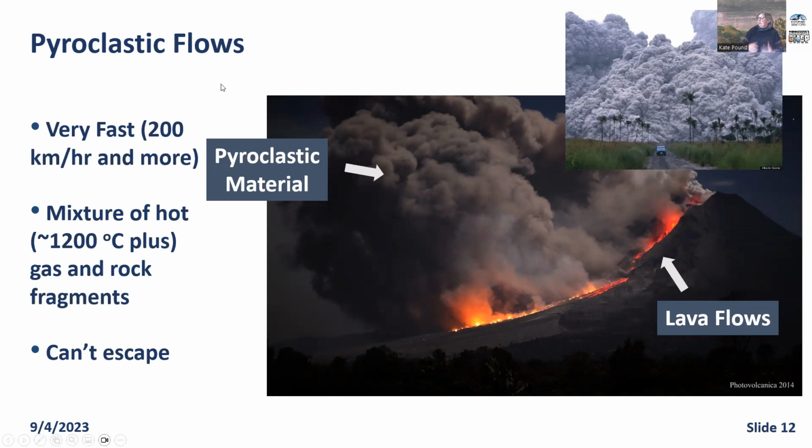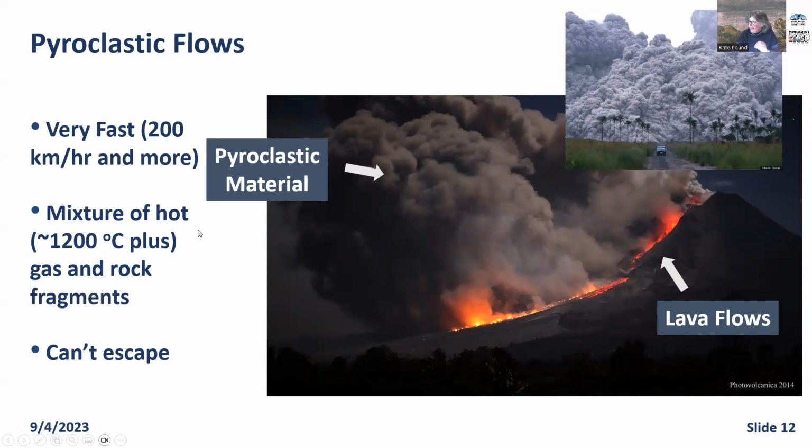If you have a volcanic eruption and the energy that's holding that eruption cloud up is no longer there, that eruption cloud will suddenly collapse and everything in it will move incredibly fast down a slope. I'm talking 200 kilometers an hour or more. You cannot get out of the way of a pyroclastic flow.